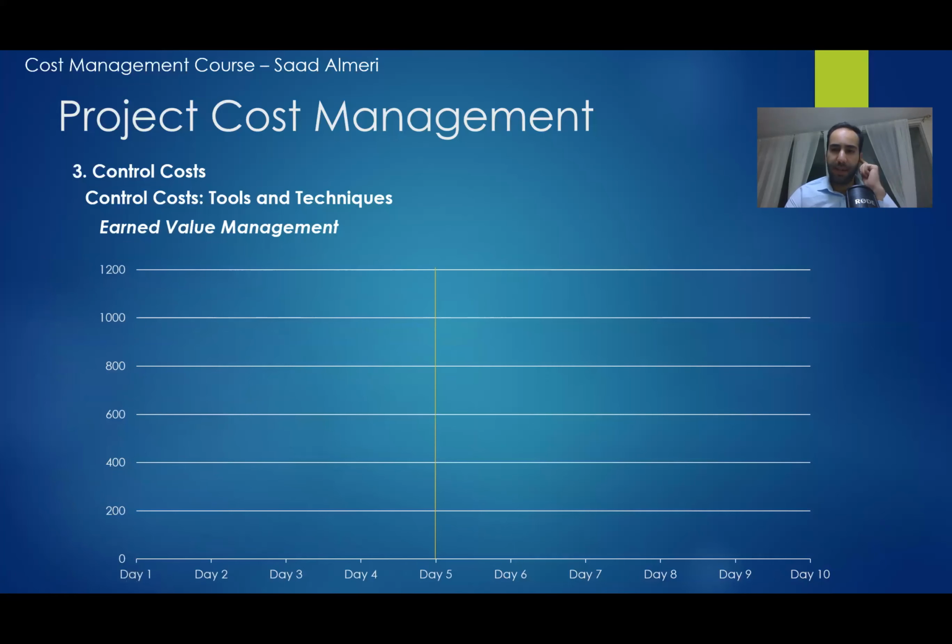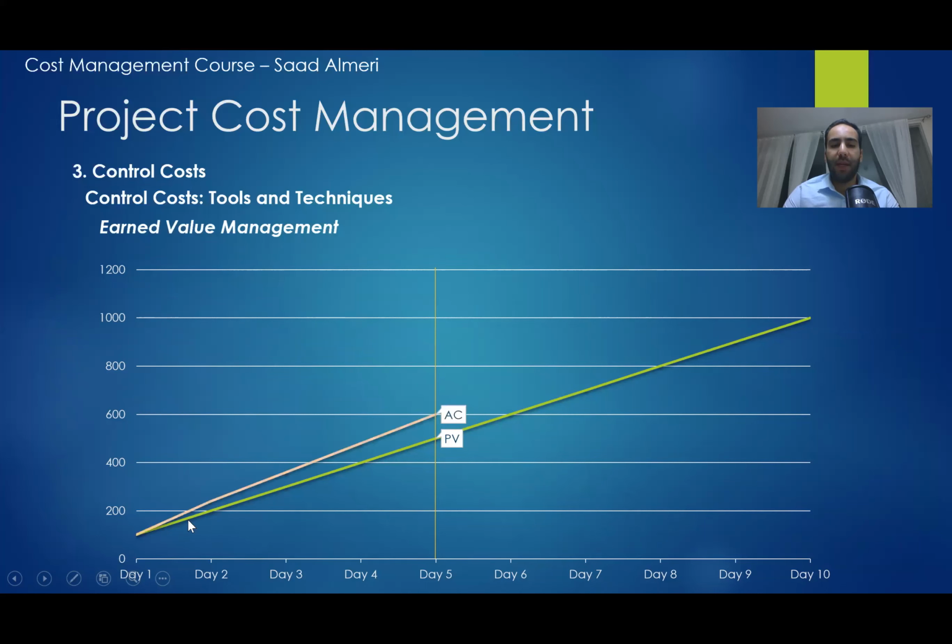Let's put it on this graph. In the planned value that we have, we plan to spend 100 riyals every day. So on day 1 it is 100, day 2, 200, and on day 10, it is 1,000. And the AC, the actual cost that we spent, was 600 after 5 days.